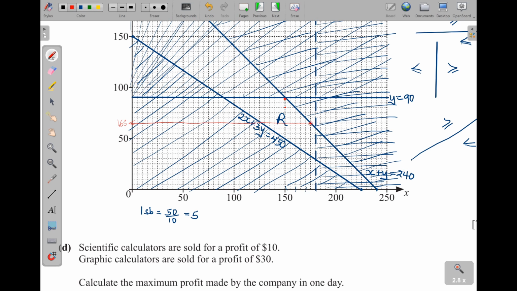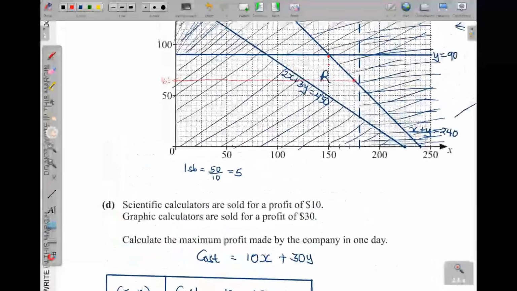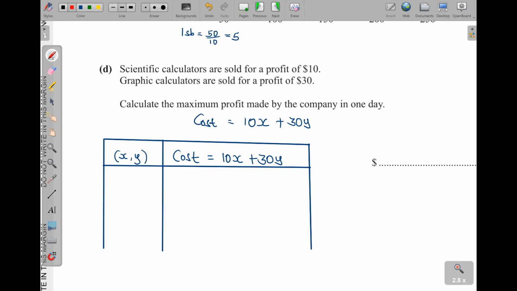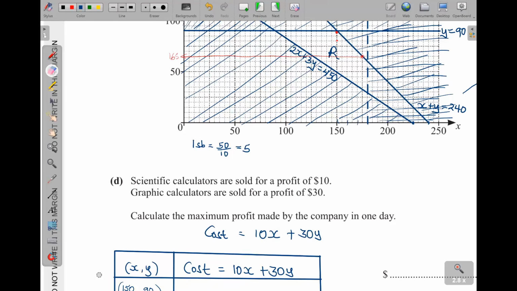Then to find the maximum cost, so these are my points, 150 and 90. So I can put 150, 150 and 90, 150, then not 190, it is 90 and 90. Okay, yes, it is 90. Even this one is not 165 here, it is 65. Okay, this one here is 65.